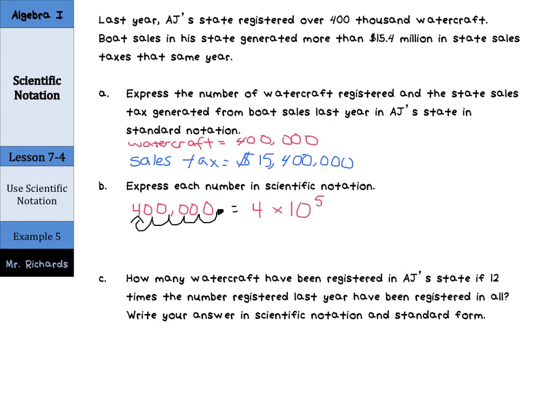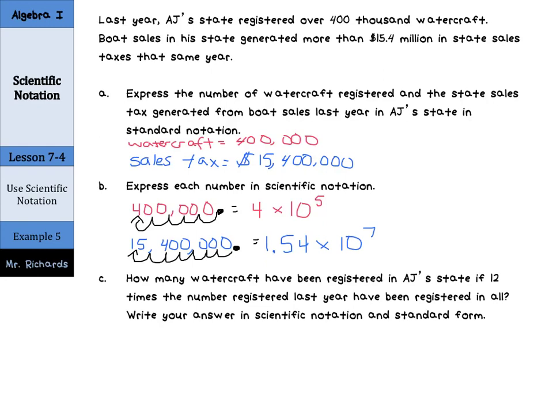Our state sales tax, well, 15,400,000. Right now our decimal point is right here. And we're going to move the decimal place over once, twice, 3, 4, 5, 6, 7 times. So this is going to be 1.54, don't need the zeros, times 10 to the 7th. So we have standard and scientific.